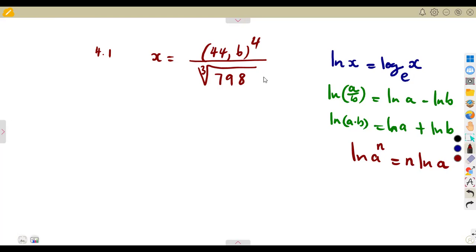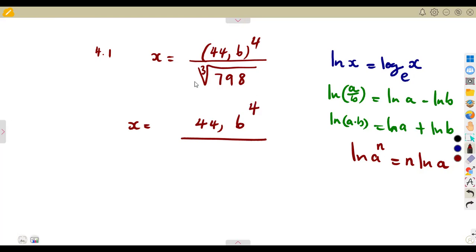This is what you just need, guys, as long as you're given this type of question. So what do you do? You introduce your log. But before you introduce it, take note of the cube root and write it as an exponent, because we can get rid of the exponents. So this can be rewritten as x is equal to 44,6 to the exponent of 4, everything over 798 to the exponent of 1 over 3.